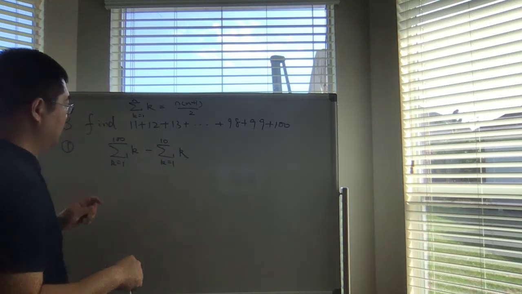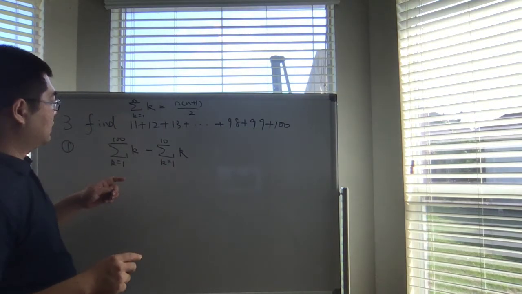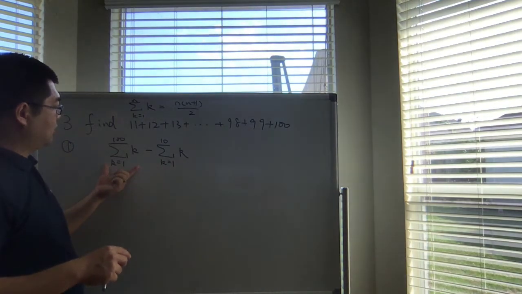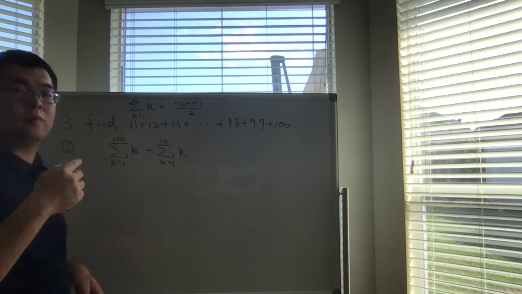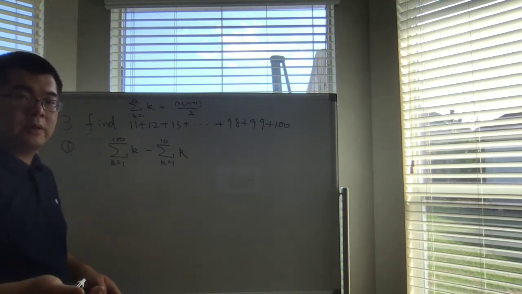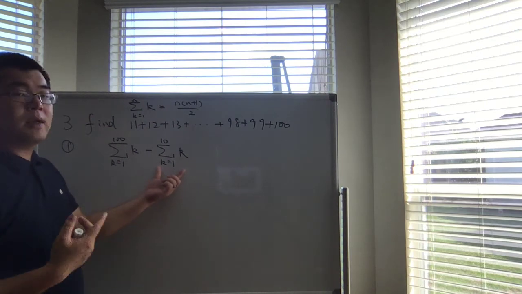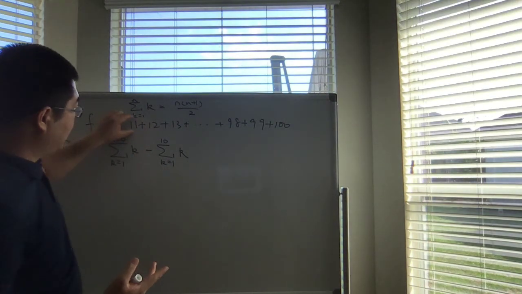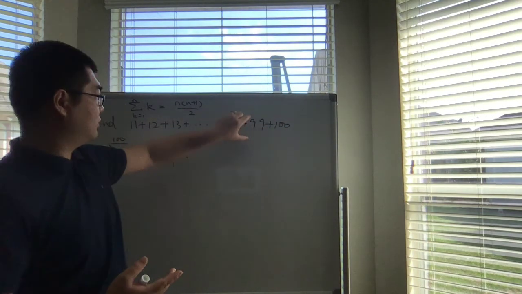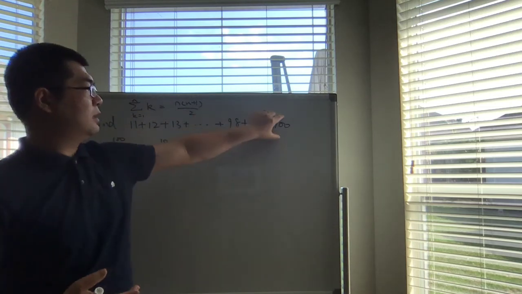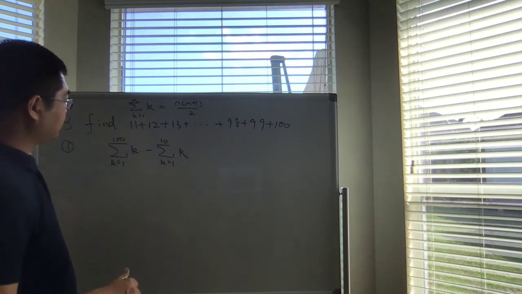Okay, so do you agree that for this, we calculated the summation from 1 to 100, right? And if I make a subtraction of the summation from 1 to 10, do you see that this is what I got, right? This is what I have here.